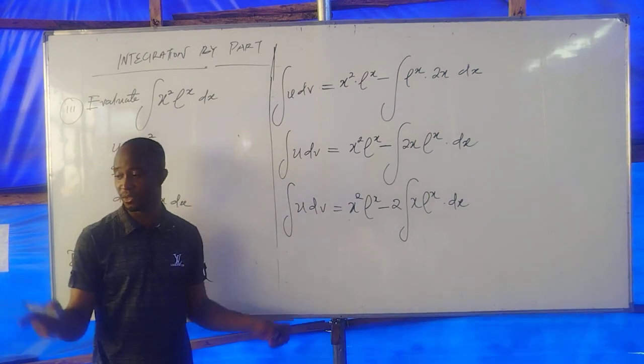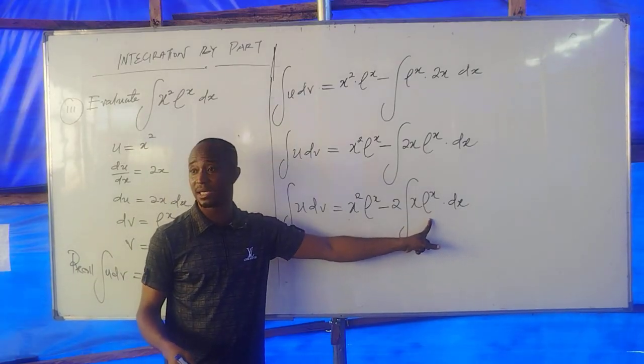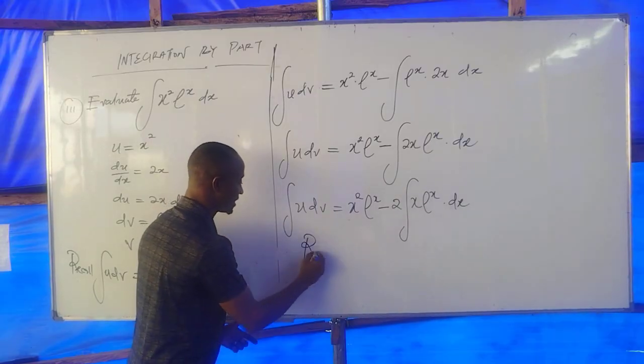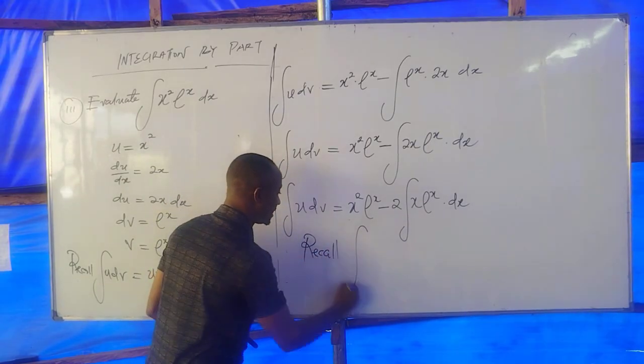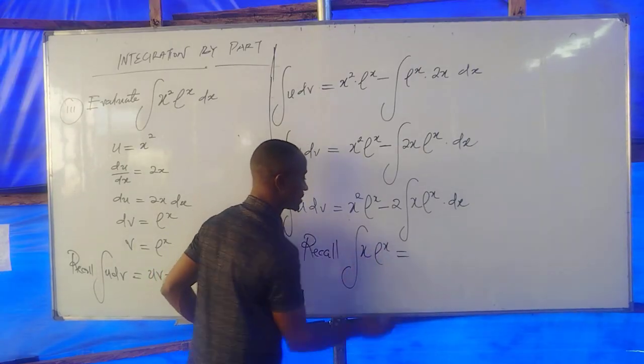Please check in your previous note for the first example we solved, I guess it is this. Right? What is the answer to that? Recall from the first example that the integral of x exponential x is equal to what?